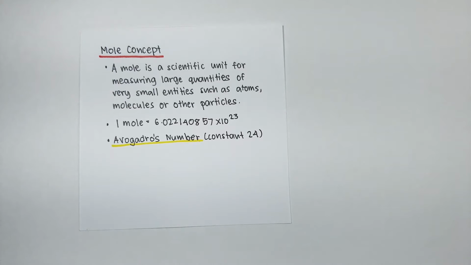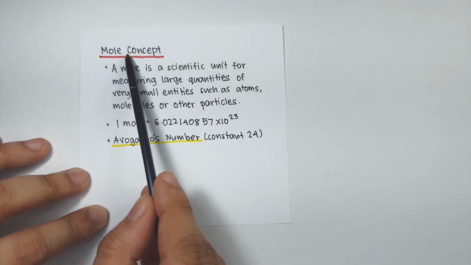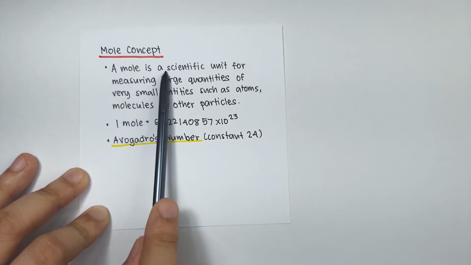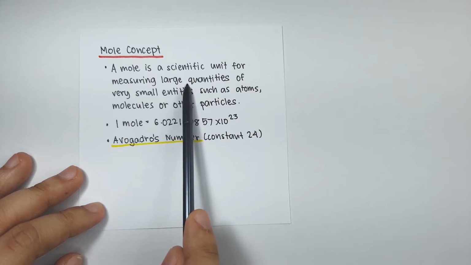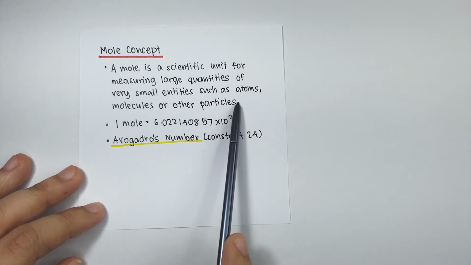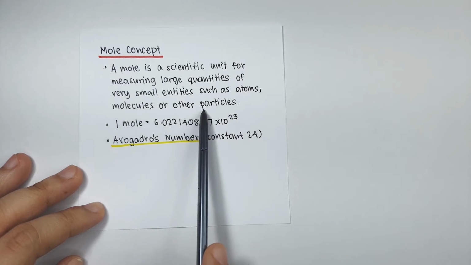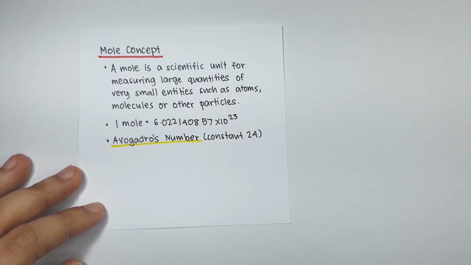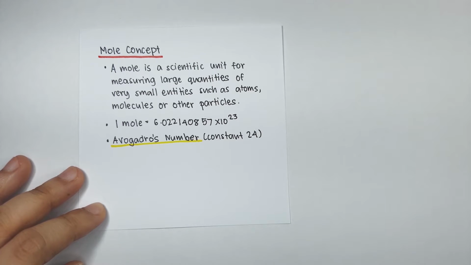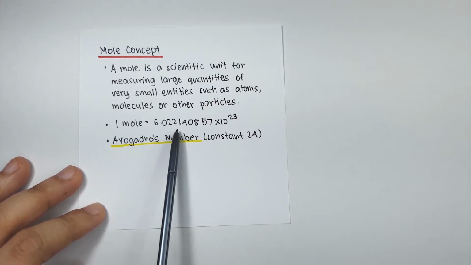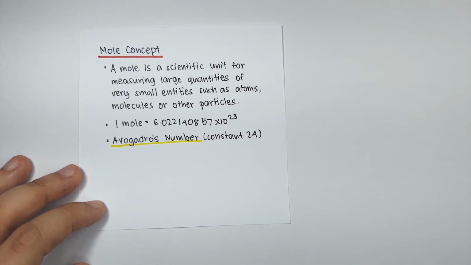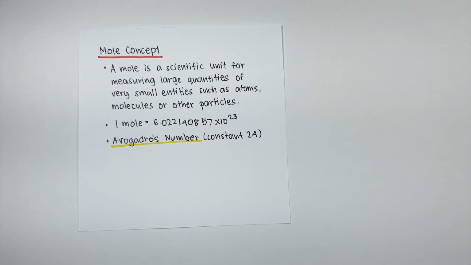So our next topic ay ang mole concept. By definition, a mole is a scientific unit for measuring large quantities of very small entities such as atoms, molecules, or other particles. So kung ang 1 dozen ay equal to 12, ang 1 mole naman ay equal to 6.022 times 10 raised to 23 atoms or molecules or particles.